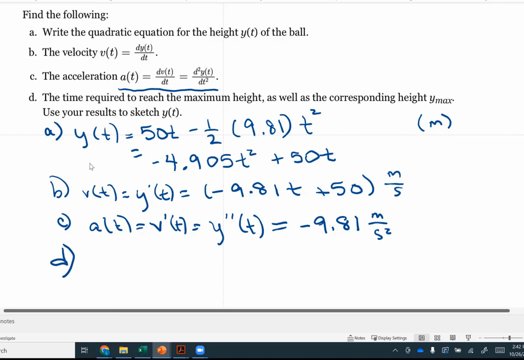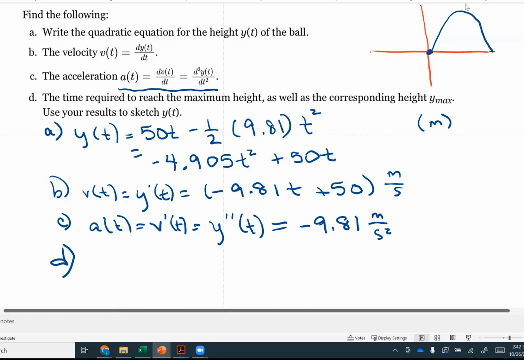When I want to find the maximum, if you remember from the last video, what you want to do, obviously this is a quadratic equation, and actually this is starting at 0. At 0, it is 0. And then it's going to be a parabola facing down.